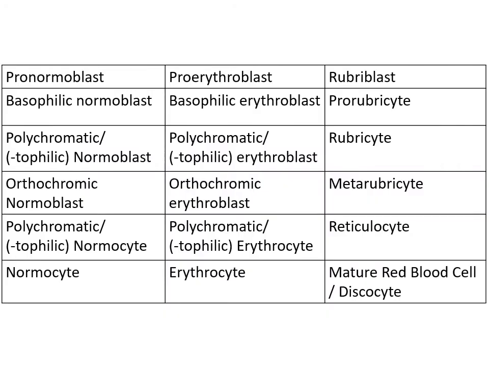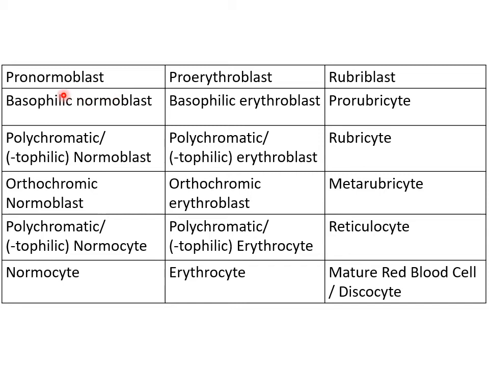So let's proceed with the stages of erythropoiesis. So iba-iba ang name per book. Okay? So dapat memorize din natin yung other names ng bawat isa. So first stage is the pronormoblast or proerythroblast or rubriblast.